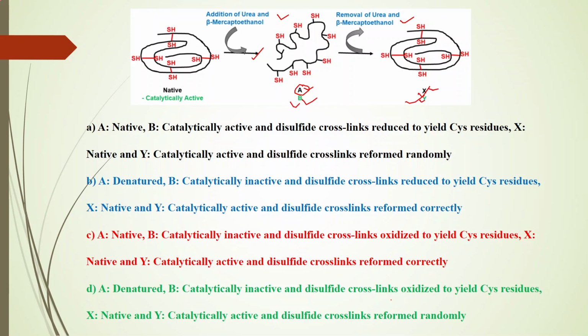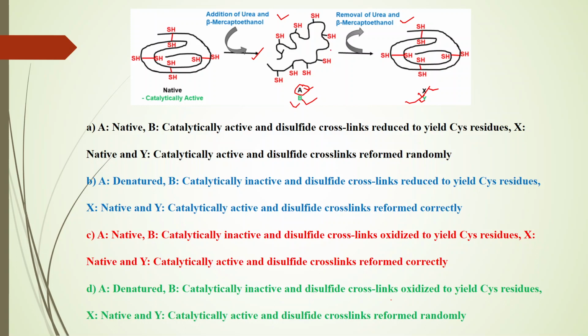So first we need to identify whether the second structure is native or denatured. Obviously we can say that it is a randomly coiled structure. That is not a native structure. So it is basically a denatured structure.